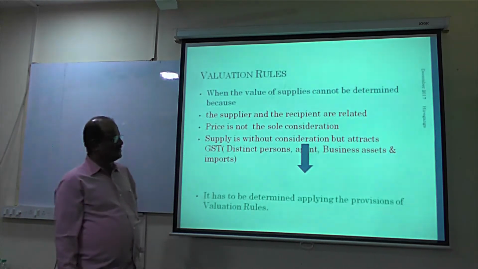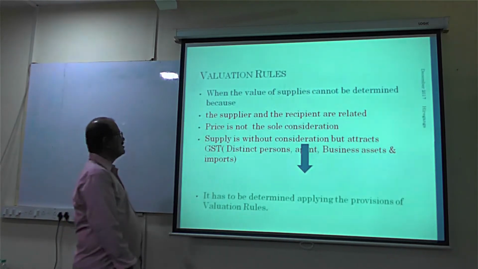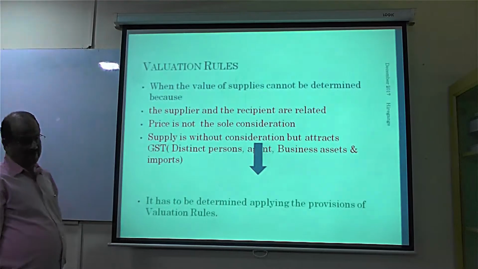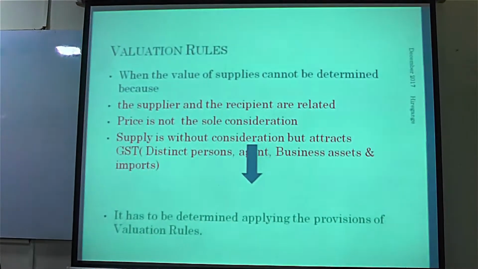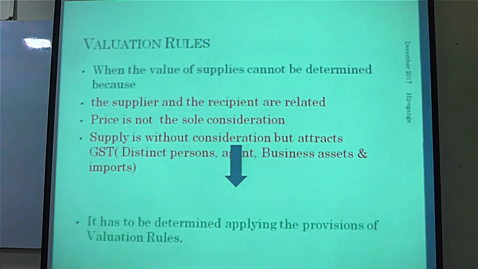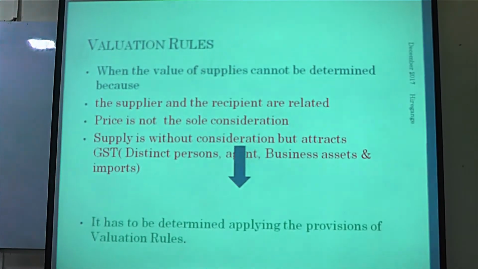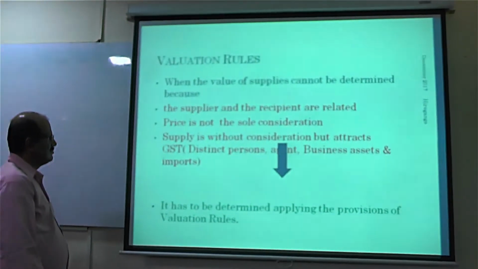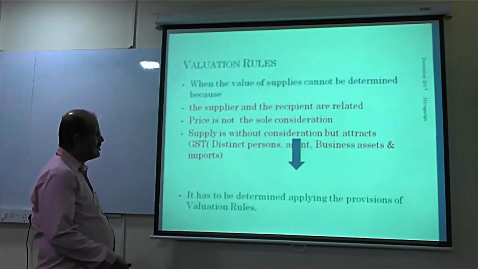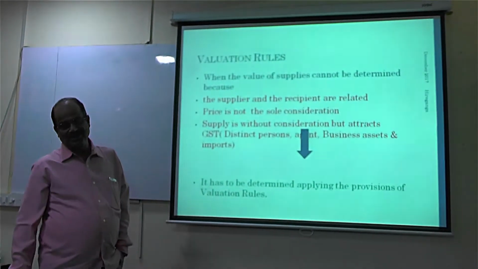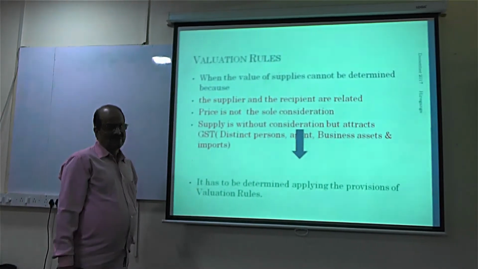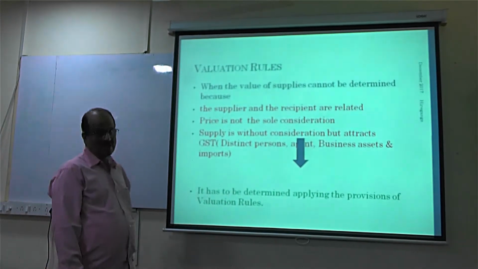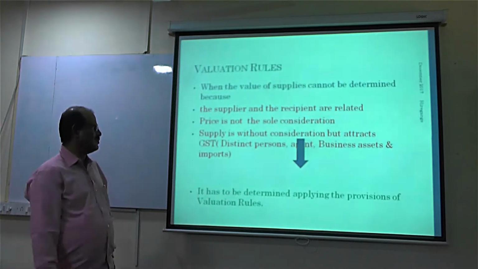It also provides which are the inclusions and exclusions which we discussed. Now, when the value of supply cannot be determined because the supplier and the recipient are related to each other, or price is not the sole consideration, or the supply is without consideration but attracts GST, the section provides that the value will be determined by applying the provisions of valuation rules.